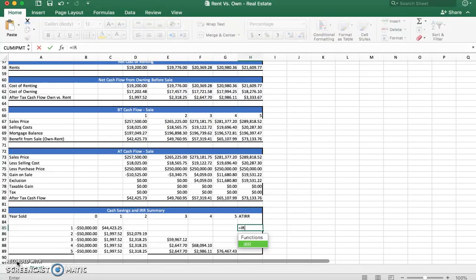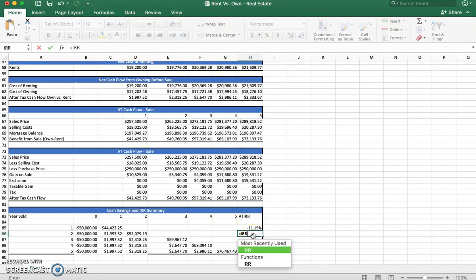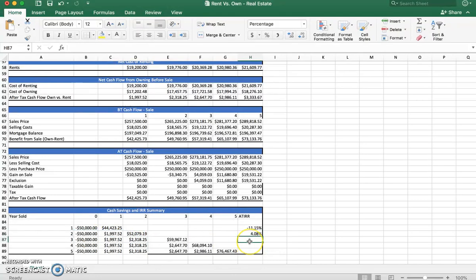So IRR, there's our function. Equals IRR. Okay, and then we're going to pull these two. Awesome. Okay, so we want to do the same thing here. Pull these three, equals IRR.